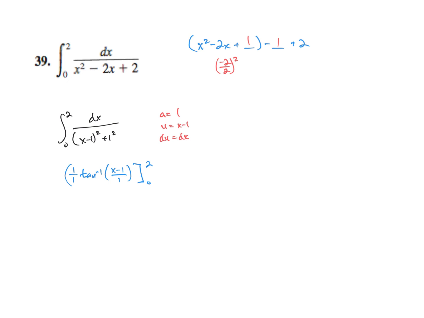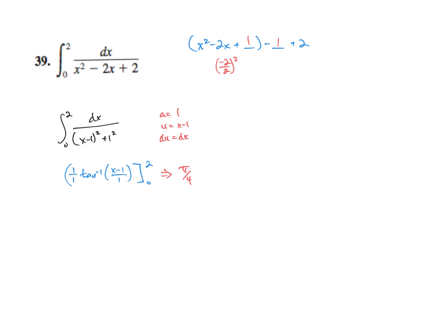So now I'm ready to substitute in. I substitute in 2. So what is the arctangent of 1? When does tangent equal 1? At pi over 4. Remember, arctan goes from negative pi over 2 to pi over 2. Then I substitute in 0, so I get arctan of negative 1.